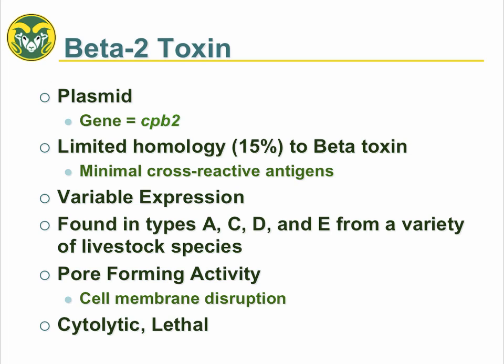It is cytolytic. It is not necessary for lethality or disease. And again, in the studies that have looked, when you add beta-2 toxin to an isolate, does it increase virulence? It doesn't seem to, those studies have been pretty inconclusive.